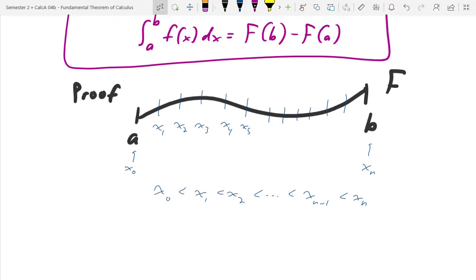Well, the proof of this is that f of b minus f of a is really f of x sub n minus f of x sub 0, since I kind of relabeled those.